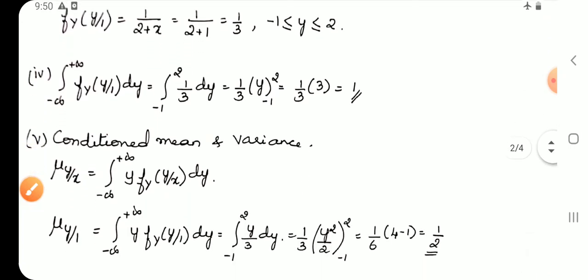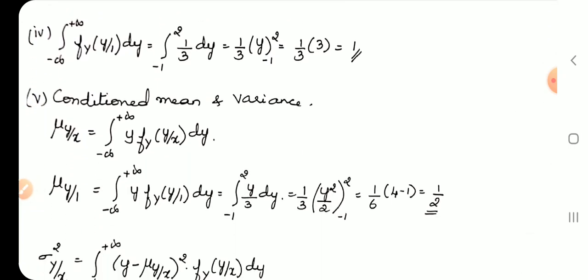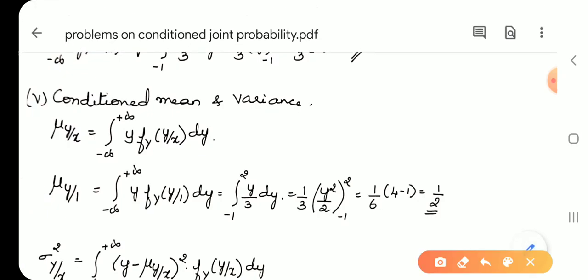The last question is the conditional mean and variance. In the last video, we learned the formulas regarding conditional mean and variance. Write the formula, apply the values. All these values we have already found here. So mu y for the conditioned value of x is equal to the integral from minus infinity to plus infinity of y into the PDF of y conditioned on x dy.